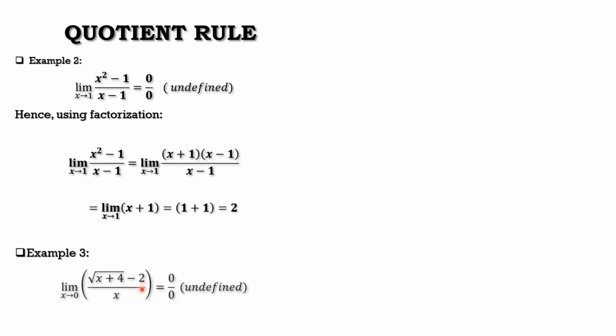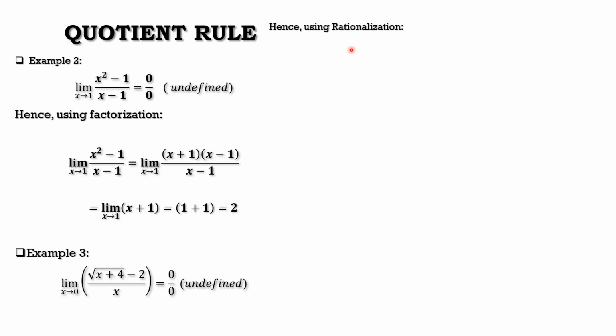Let's look at example 3, where we have a square root in the function as the numerator, and we have x here. When you substitute x to be 0 in this function, we are going to have the denominator being 0, so the expression will be undefined. So we are going to use the principles of rationalization to break down this function to be able to find our limit.